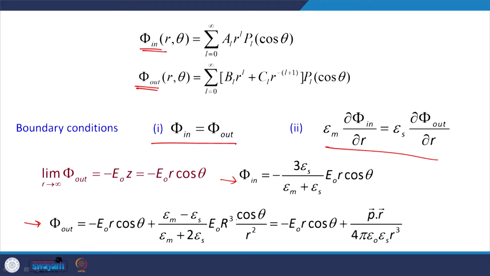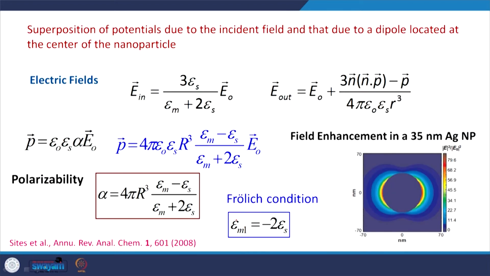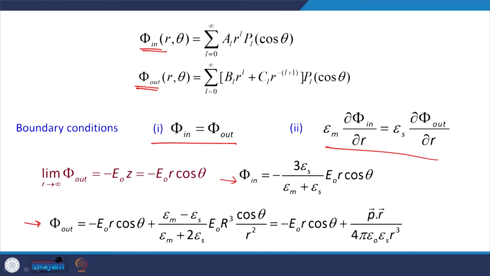These are the potentials which you get after solving these equations. Now, you take a derivative of it, and you get the electric fields like this. There is something very important here: the outside one gives you this term, which is the dipole term, where P is the dipole moment of that dipole.